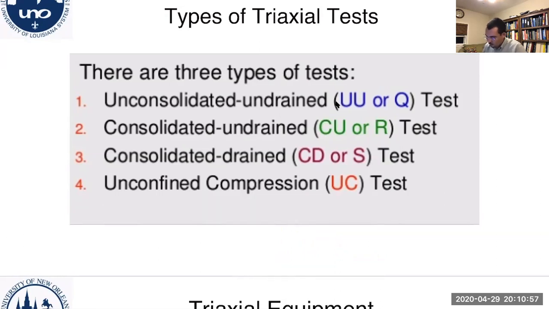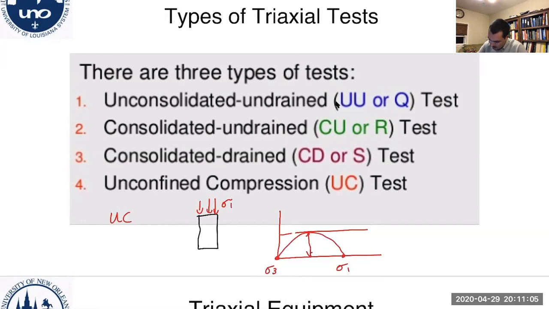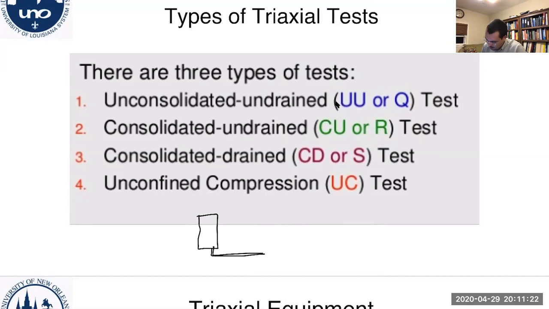Now, if we move more into what we're talking about, an unconsolidated, undrained test. In an unconsolidated, undrained test, basically, this is your soil sample, and here you have a drainage valve to allow drainage.